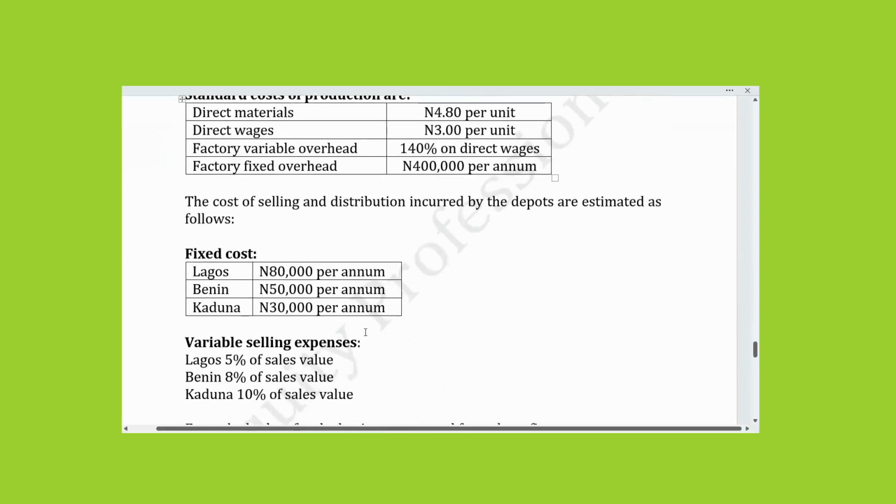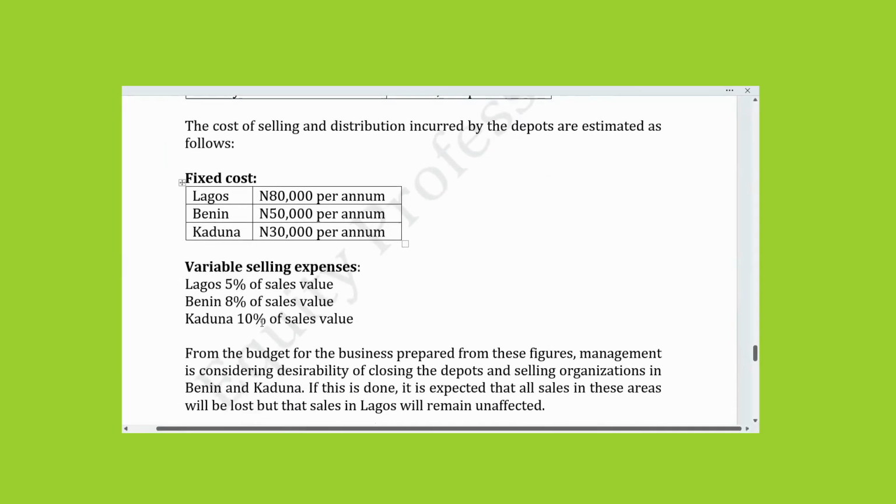The cost of selling and distribution incurred by the depots are estimated as follows. Fixed costs given in the table. Variable selling expenses.